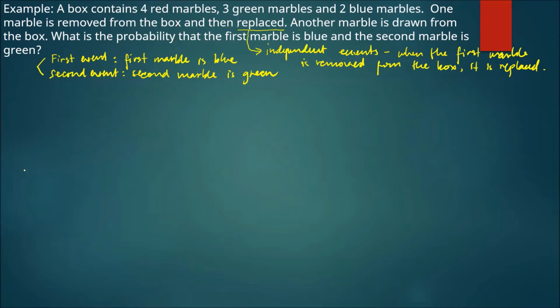So meaning from our bag, if we're going to choose the first marble, it is possible that when we pick a marble from the bag, we will be getting a red marble, right?